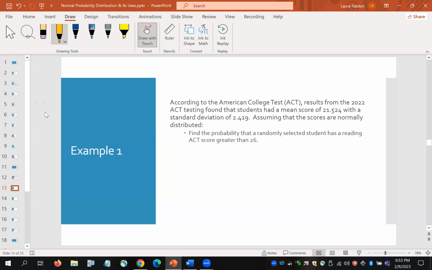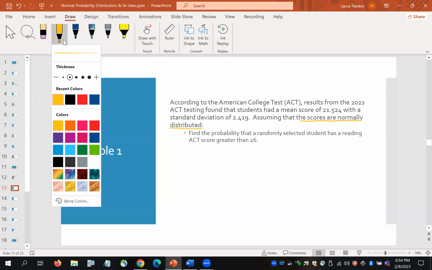First of all, in the second sentence, it says the scores are normally distributed. So I know they're normally distributed. Okay, so I'm going to make me some notes over here.